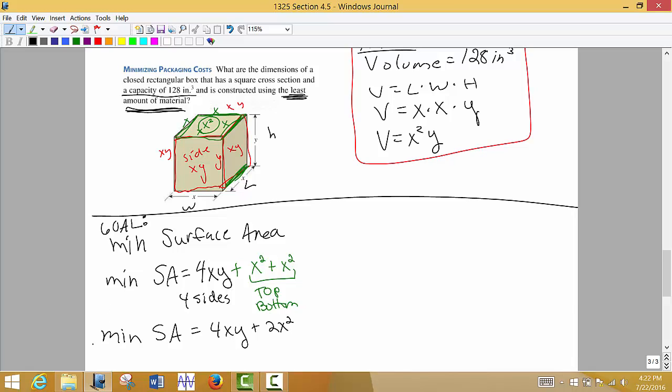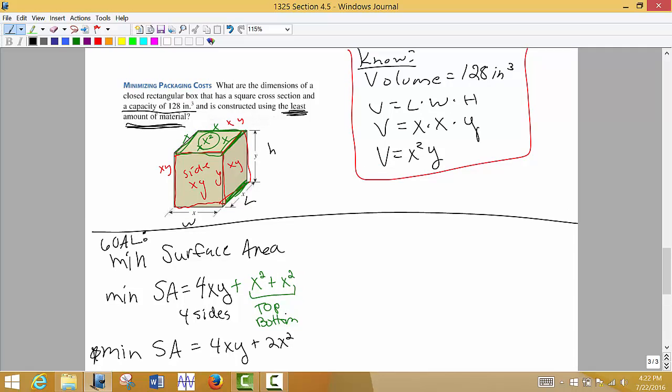All right, well, our goal is to minimize the surface area, but this equation that we have is in terms of x and y. So we want to be only in terms of x's if possible. So let's come back over here to the capacity that we were given. We know the volume was 128 cubic inches, so we don't want that to change. That's a set fact of what we want to have in our box.